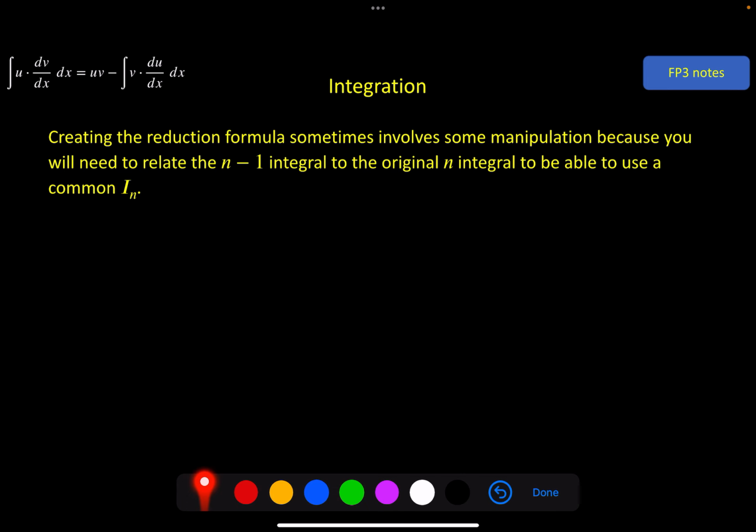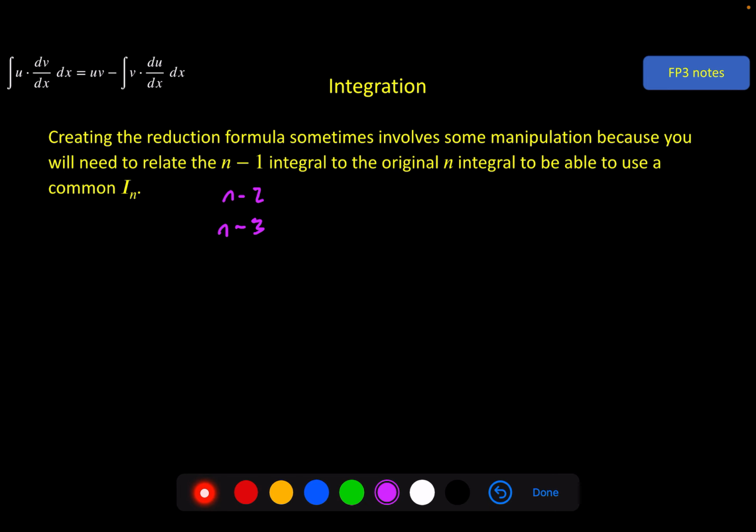The problem comes, in terms of problem solving for the questions that we're going to do, when you actually need to create your reduction formula. The one we did there was not too bad, but sometimes it can be quite involved to manipulate it to get your original integral with an n connected to an integral with a lower power, n minus 1, or it might be n minus 2, or n minus 3, something with a lower power, so that it is slowly getting easier down to a final result.